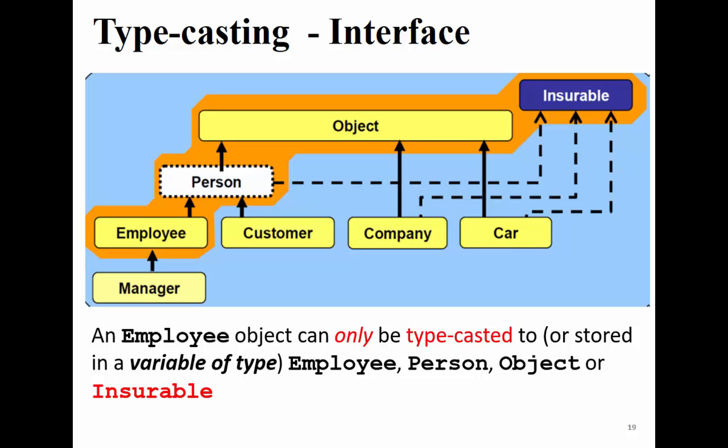The only thing common between them is that they have the same superclass, which is Object. But the thing is that the Company, the Car, and the Person all implement the Insurable interface. Now, the beauty of polymorphism tells us that we can do typecasting of an Employee to Person, or an Employee to Insurable. We can do Company to Insurable, Car to Insurable.